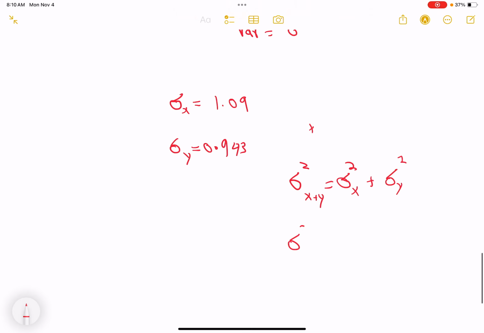Which will come out to, and now I've got to do my calculations. You should do them along with me. 1.09 squared, which is 1.19, I'm going to say. I'm going to round up from 1.1881. And then 0.943 squared. So we're adding to that 0.89, we'll say.